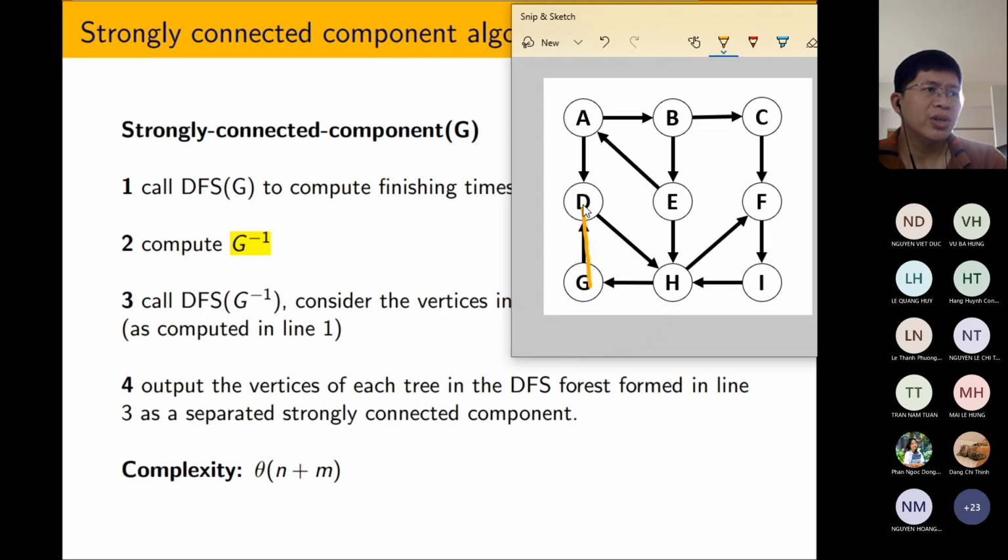From G, I can go to D, H, and go back. Sure. H goes to F. So it must be that. It's better to draw two versions of the graph, G and then the inverse of G, and then you can have it.